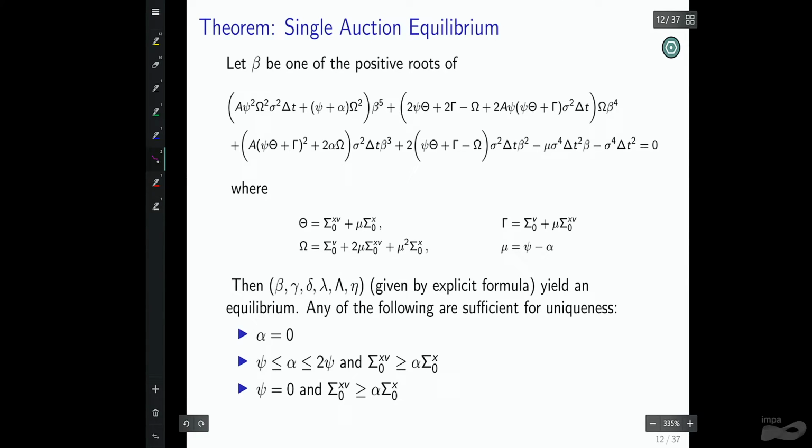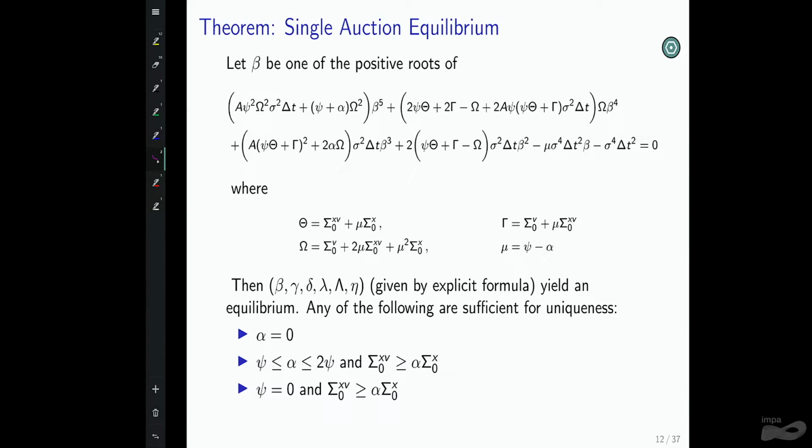So the first theorem, at least for the single auction case, is that equilibrium is characterized by any positive root of this 5th degree polynomial. So this is a pretty big, messy expression. It doesn't really lend itself to analysis too much, but we can say a couple of things.